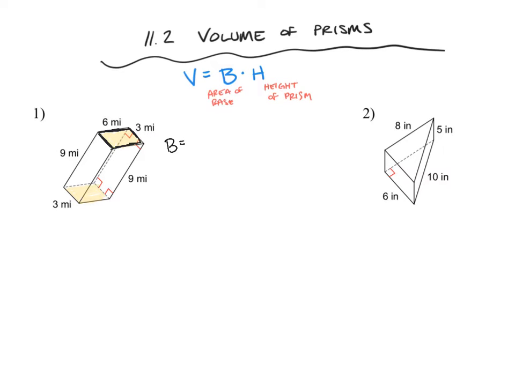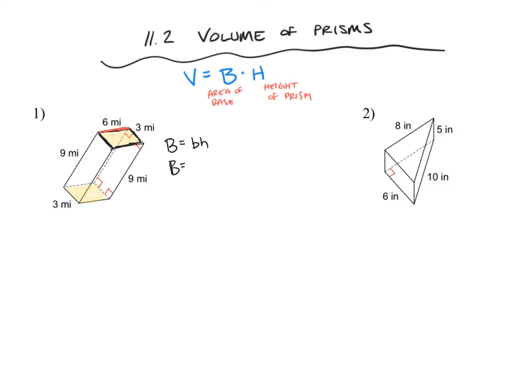Now, you notice that that's a rectangle, and the rectangle area is found by a little b times a little h. So look at that little rectangle that I shaded in for my base. Maybe we'll say that the base of that base, the little b, is 6.